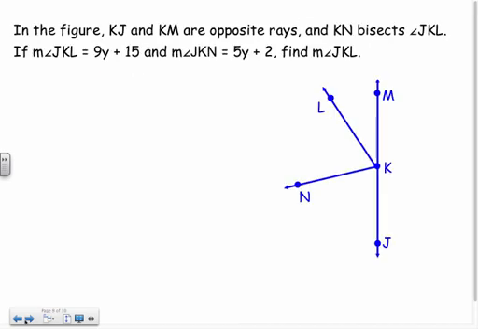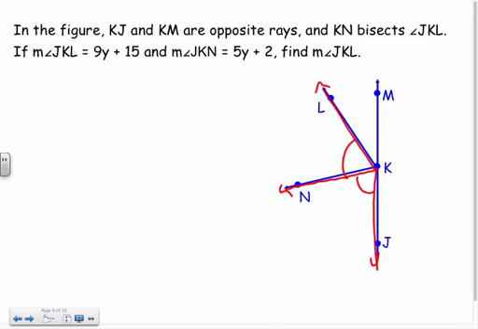It says in the figure, KJ and KM are opposite rays, so they make a straight line. And KN bisects JKL. Usually what I like to do is draw that in right away. So KN, which is right here, bisects JKL. That means it bisects this big angle right here. So I know that these two angles are congruent. If the measure of JKL is 9y plus 15, where's JKL?